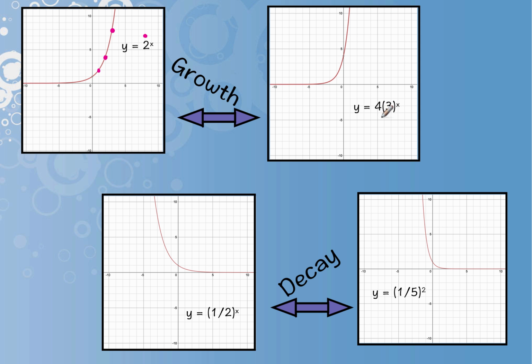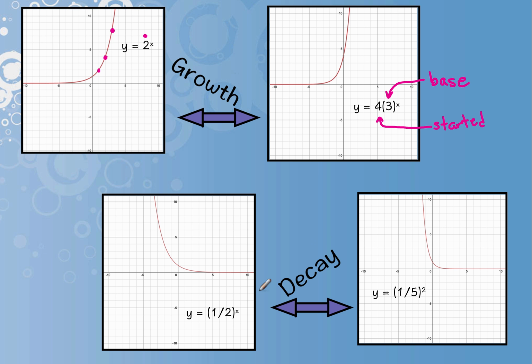Over here, this is what we're going to be studying. This is still growth, but this is an example of where you started with $4, and then everything was tripling. So this was your base.